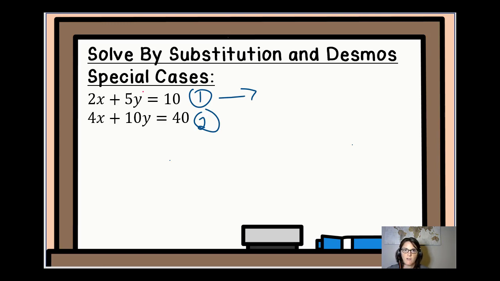I'm going to rearrange for one of the variables and substitute it into the other equation. If I rearrange equation number 1 for x, I can subtract 5y from both sides, and then I need to divide all terms by 2.